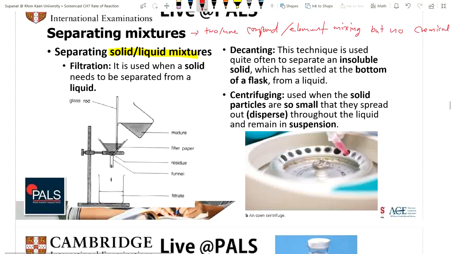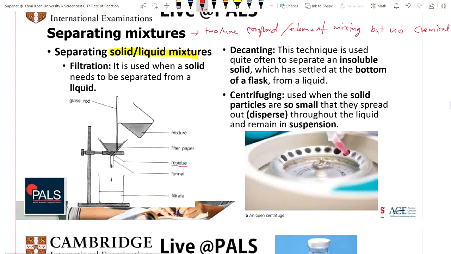Here the mixture is in the beaker, and the glass rod lets the solution pass through here, the funnel, which contains the filter paper. The filter paper will collect the residue.